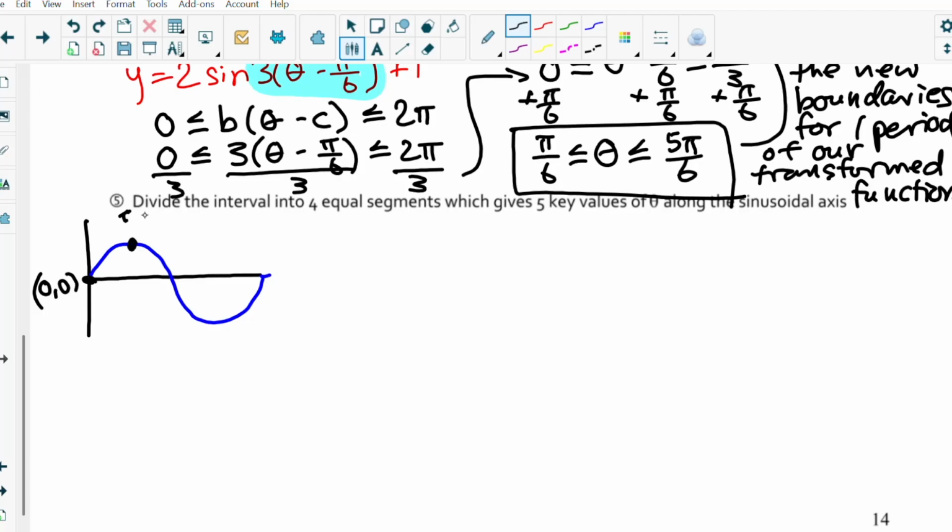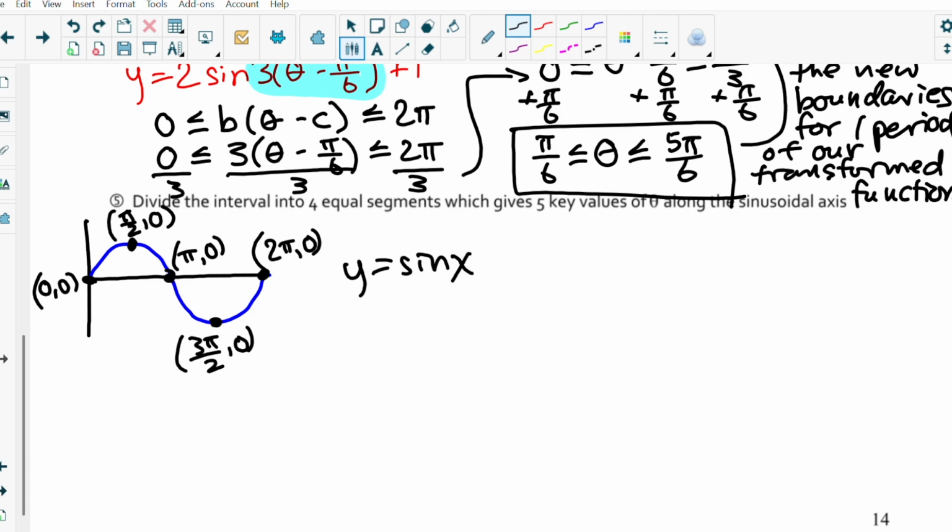This is pi over 2, 0. This is pi, 0. This is 3 pi over 2, 0. And this is 2 pi, 0. This is for y equals sine of x.